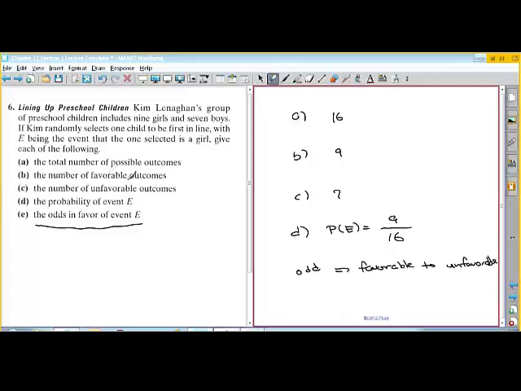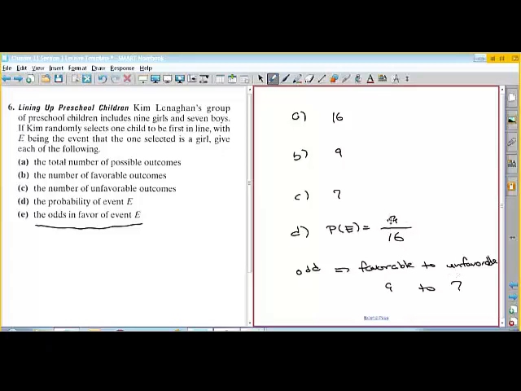So we can use the information given here. The number of favorable outcomes is 9, which is A. The number of unfavorable outcomes is 7. So the probability is 9/16. The odds are 9 to 7. Notice that 9 plus 7 equals 16.